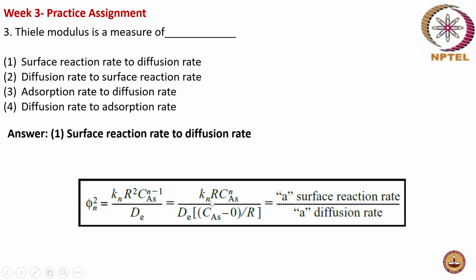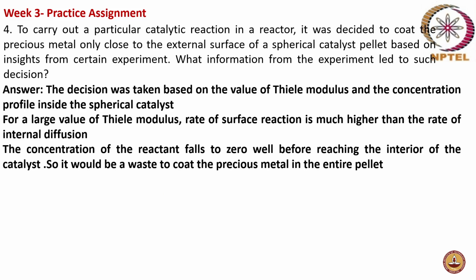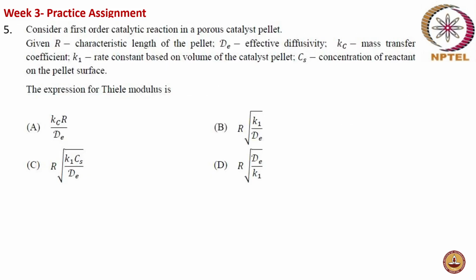So it becomes R square into K1 by dE, which is nothing but phi 1 square. So your phi will be square root of K1 by dE whole multiplied by R. That is the answer shown. Simple mathematics.